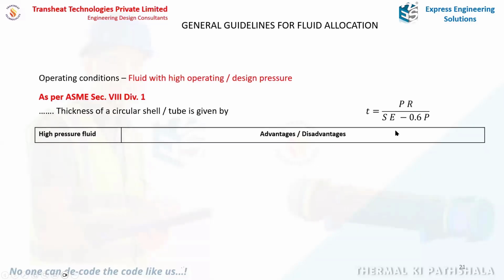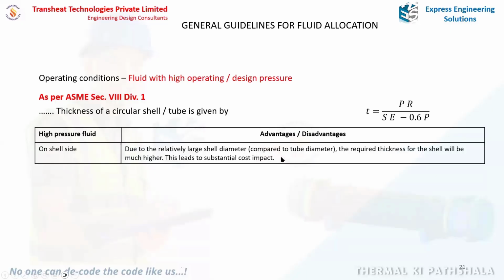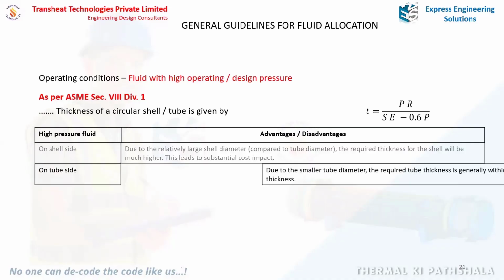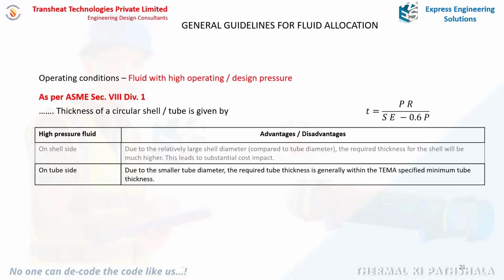So based on that logic, if you place the fluid with the high operating pressure on the shell side, the shell is much bigger in diameter compared to the tubes. So effectively, you would end up having a very thick shell, which is again a cost impact. Compared to this, placing it on the tube side, the tubes being much smaller in diameter, your thickness is less, and moreover, the minimum required thicknesses given by the design codes are generally adequate up to a fairly good amount of pressure.